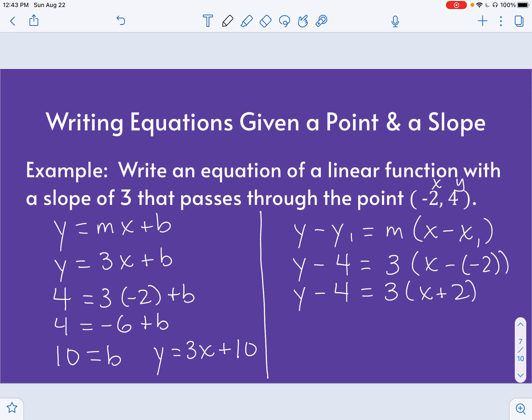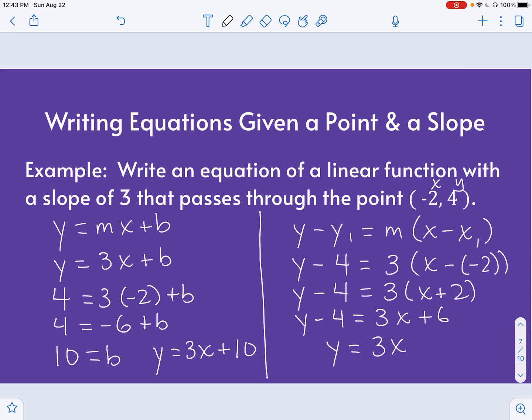The AP test actually lets you end here if you're on that track, but all you have to do to simplify is just to distribute your 3 and then add 4. And look, either way we did it, we got the same exact equation. It's your preference.